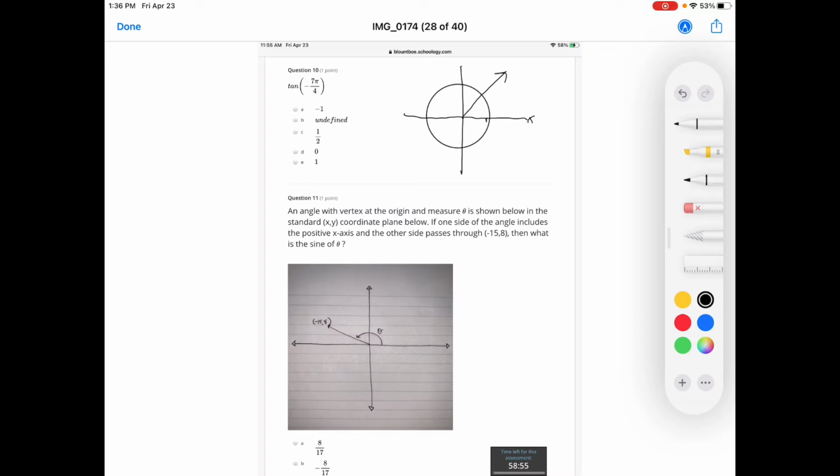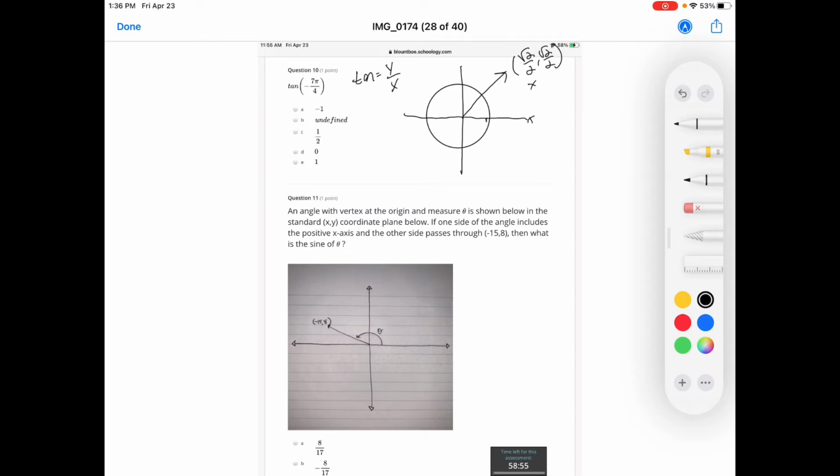Okay? And so if you have a pi over 4 coordinate, it's going to be those root 2 over 2 coordinates. In the first quadrant, it's positive, positive, root 2 over 2, root 2 over 2. And tangent is y divided by x.